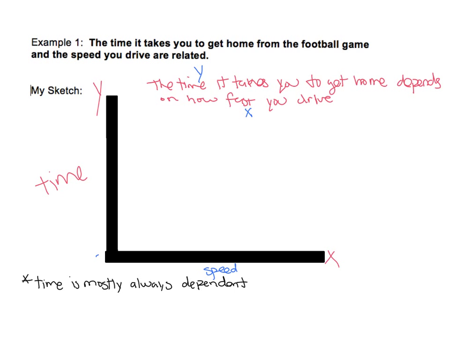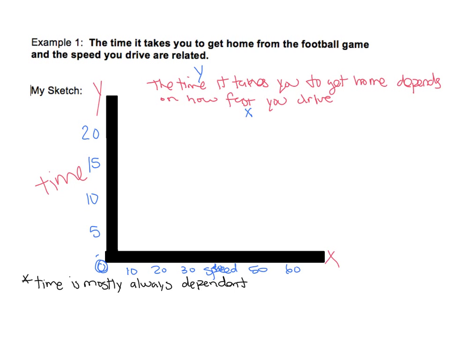Sometimes writing number values helps. So notice that's 0, 0. I'll just go in increments of 5, 10, 15, 20, right? And speed. Let's see, we got 10 miles per hour, 20 miles per hour, 30, 40, 50, 60 miles per hour.